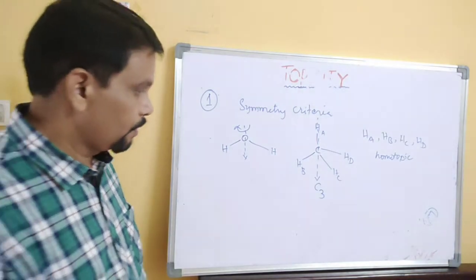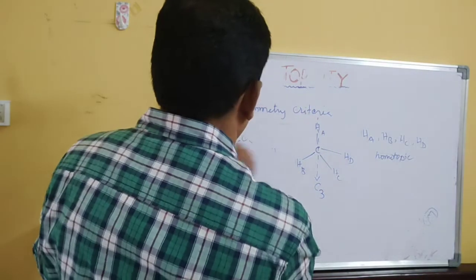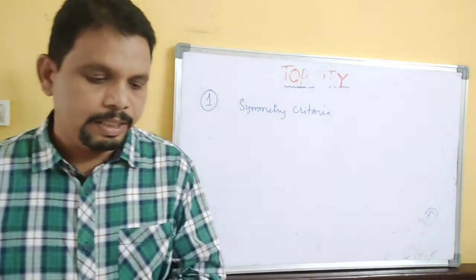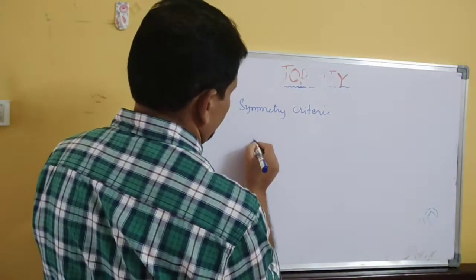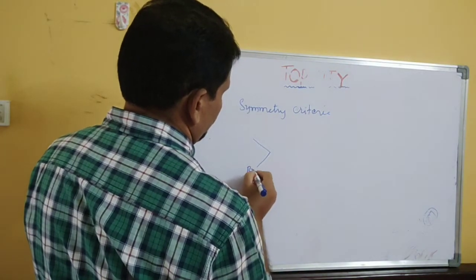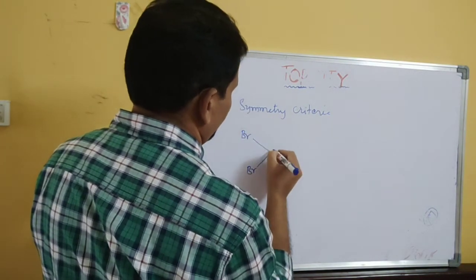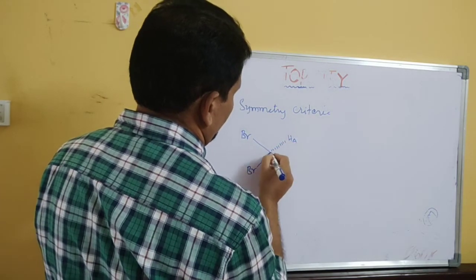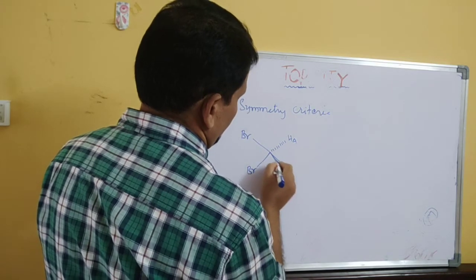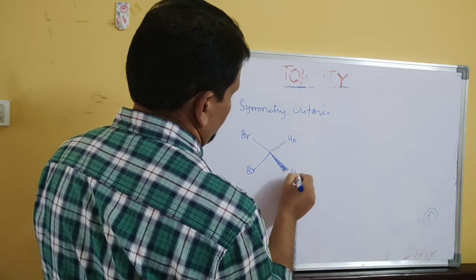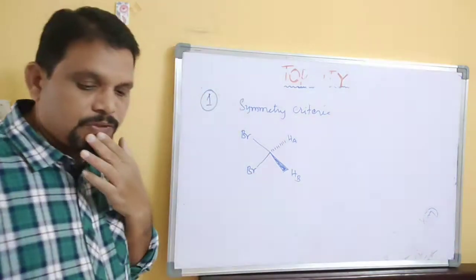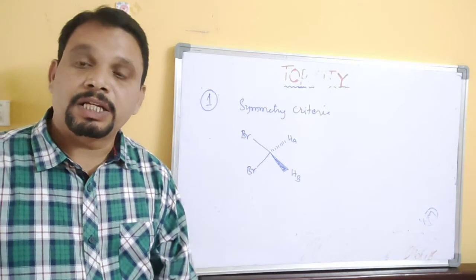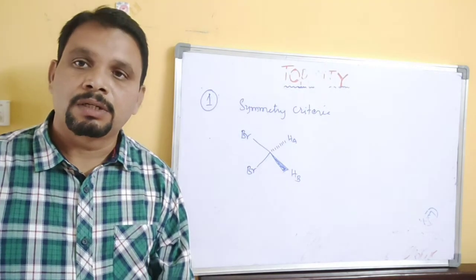Okay, so I'll give another example. Suppose this dibromo compound, with HA and HB. What about these two atoms or groups, HA and HB? Are they homotopic or not?